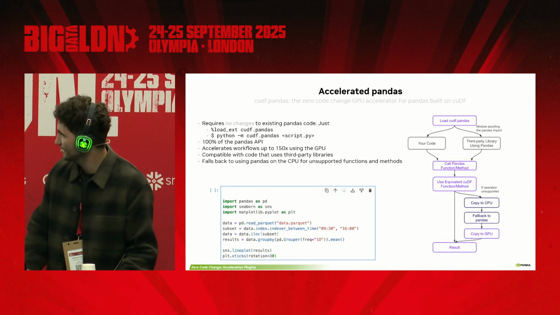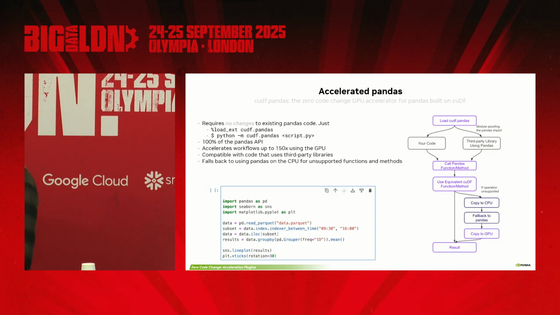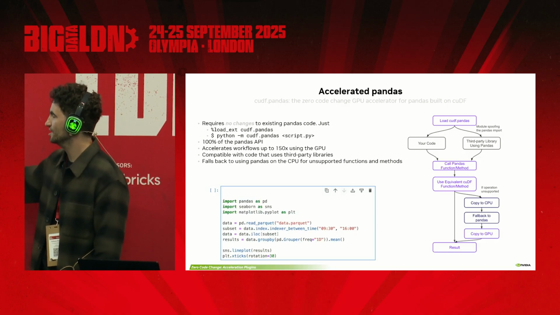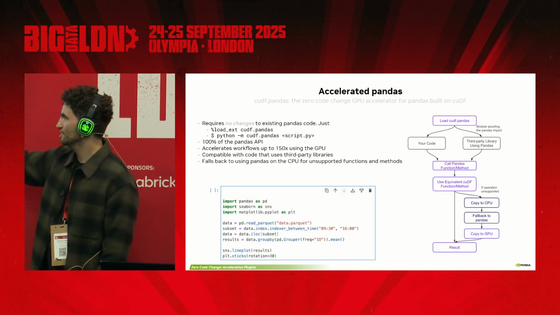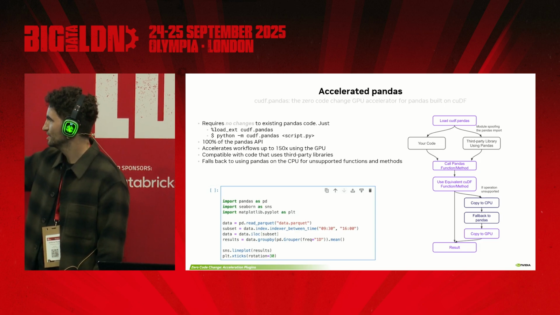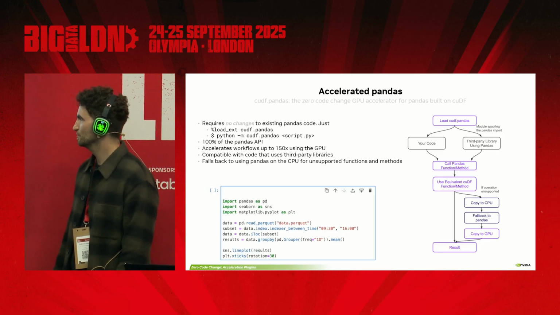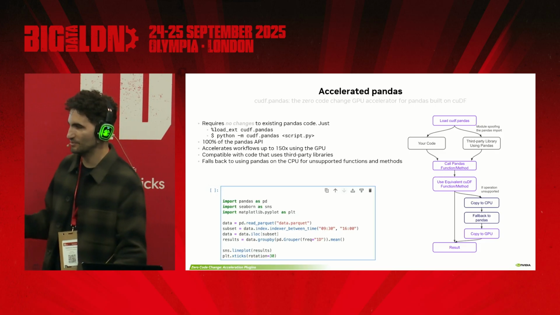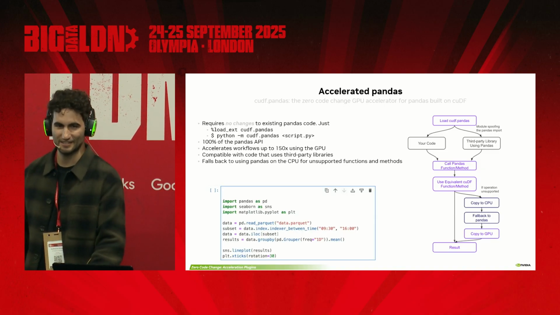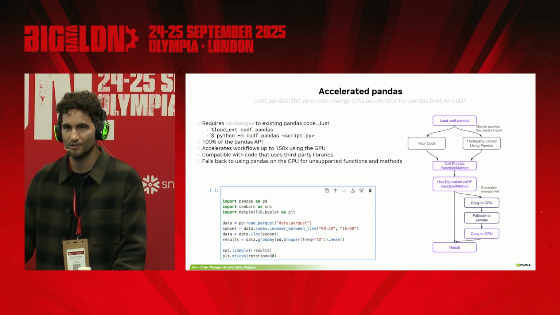This diagram here applies not just to the pandas library, but to Spark, etc. If you have the same code, anything that is not able to run on GPU will just run on CPU. So it should be streamlined and work on everything.